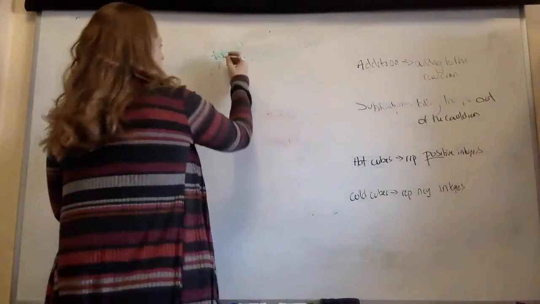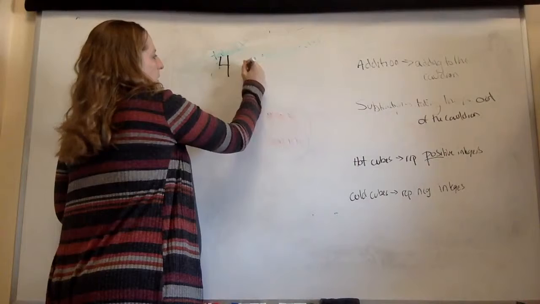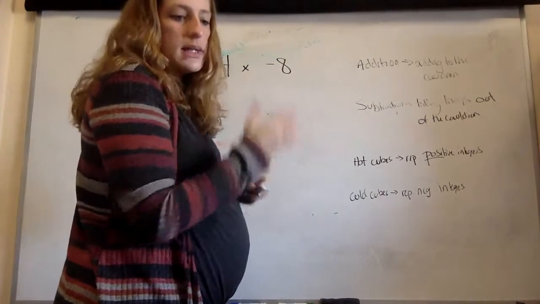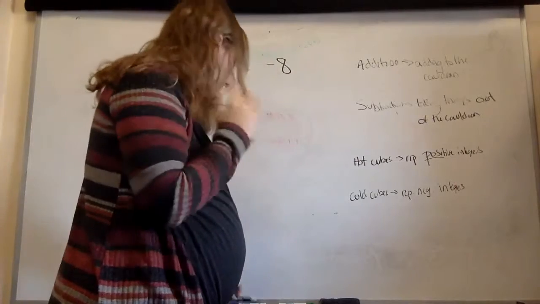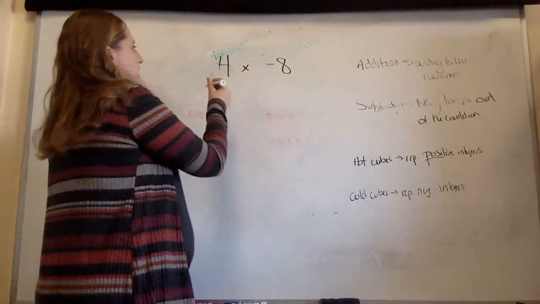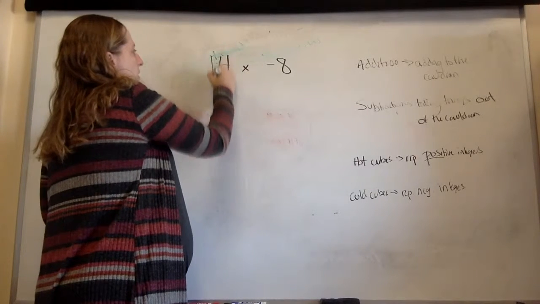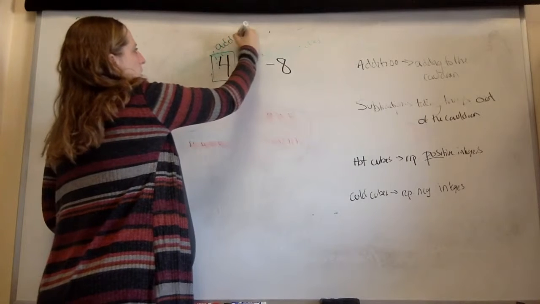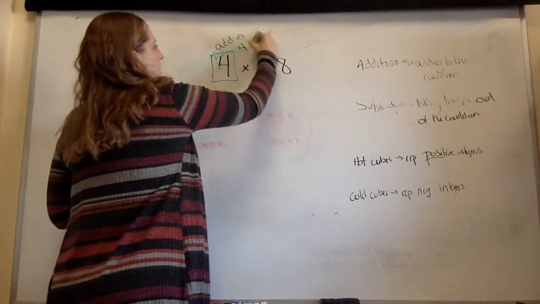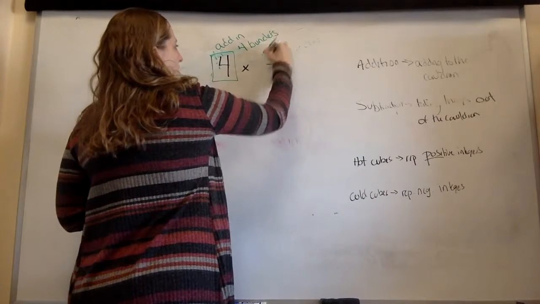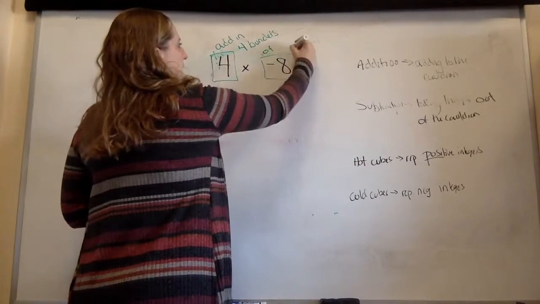So for example, if I started with this multiplication scenario, 4 times negative 8. Now we're really using the grouping meaning of multiplication here. So this says I'm going to add in 4 bunches or groups of negative 8.